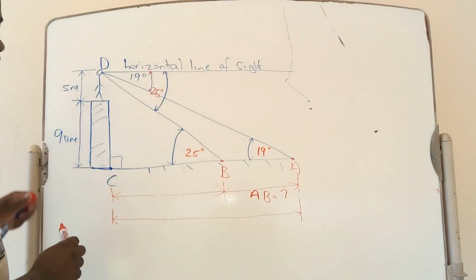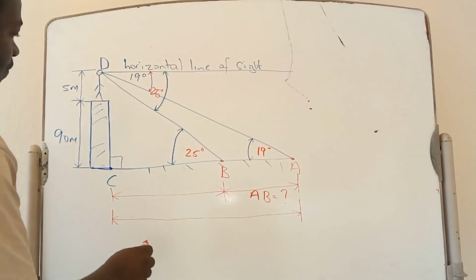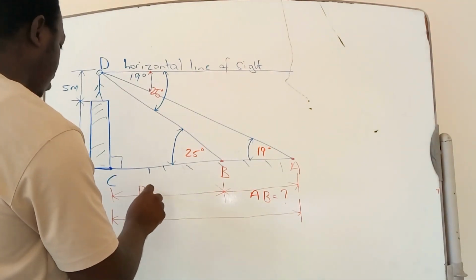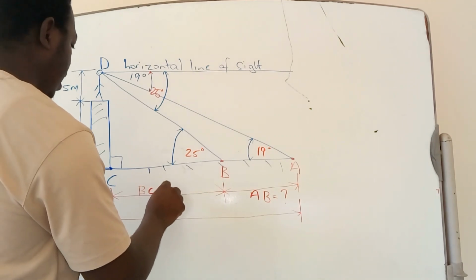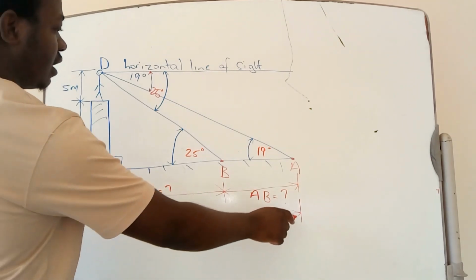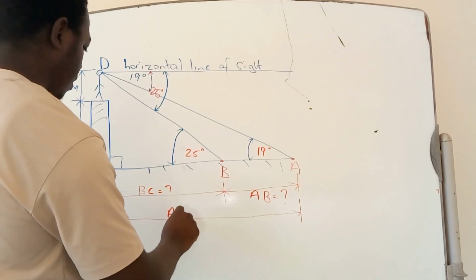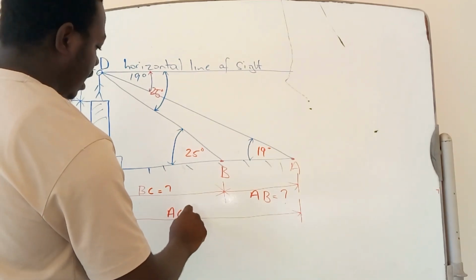We have enough information to calculate that, right? So here, this part is just BC, so we can calculate that length. And this line here, that's just AC. So we can calculate that length as well.